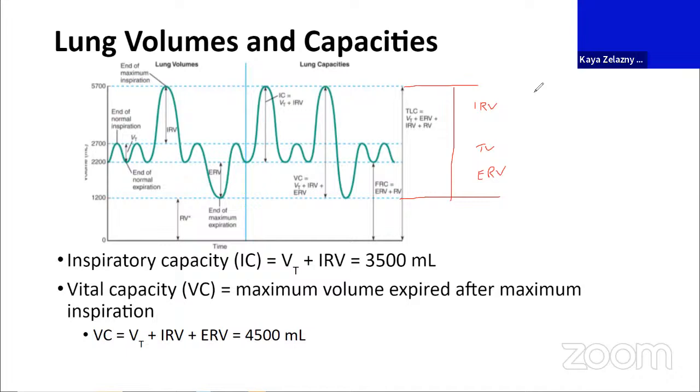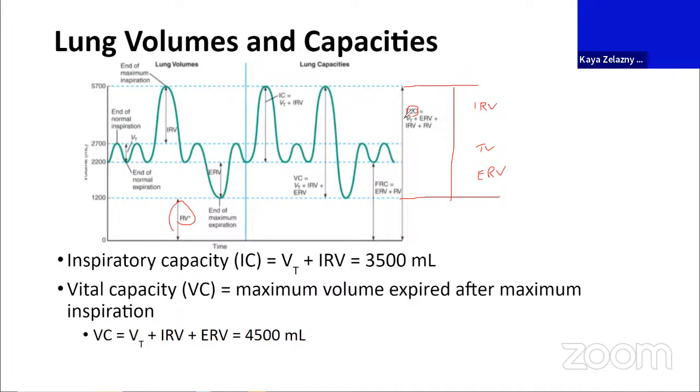So basically the vital capacity is everything but that residual volume. And then the total lung capacity is the whole thing, right? TLC, total lung capacity, is all our volumes stacked together. So we're thinking about volumes as sections of your breathing, sections of the air.